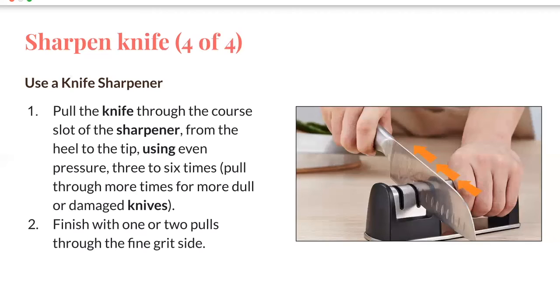But if you have a more damaged knife, you can do more and finish with 2 pulls or more through the fine grit side. The knife sharpener's advantage is that it is very easy to do, and the disadvantage is you cannot create the edge of blade you want.